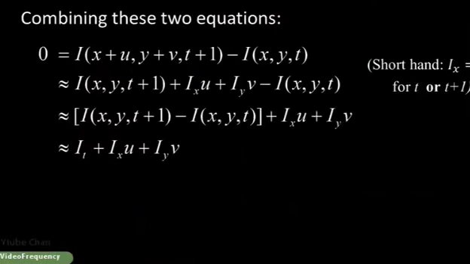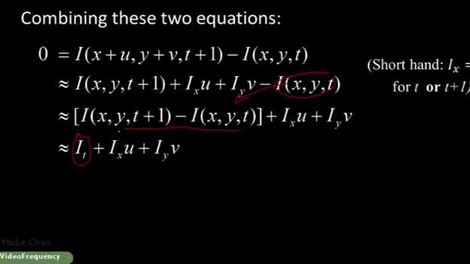So taking those two equations, I've now rearranged things. I just moved this part over to here, and then in the next line, this is I sub t. I sub t is this difference between I of x, y at t plus 1 minus I of x, y at t. Well, what is I sub t?